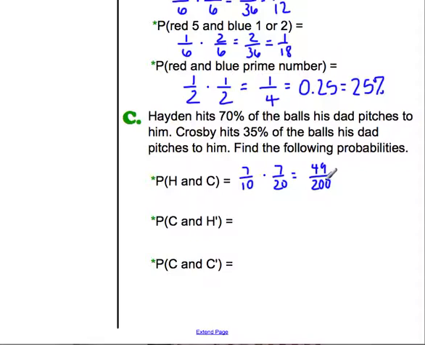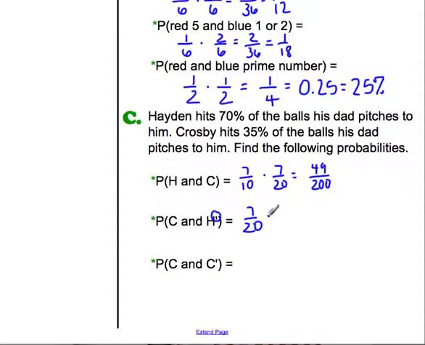Next, we've got the probability of Crosby getting a hit and Hayden not getting a hit, because if you recall from the iBook, this little apostrophe here means not. So the probability of Crosby getting a hit is 7 out of 20, because it's that 35%. And if Hayden is 70% getting a hit, that means he's 30% not going to get a hit.